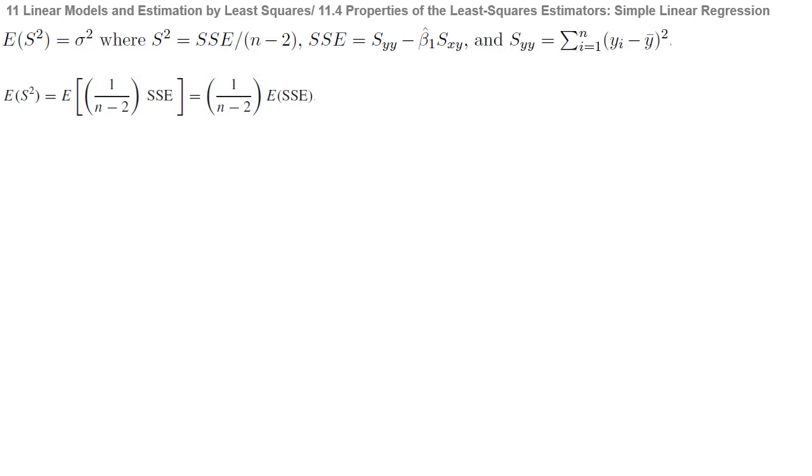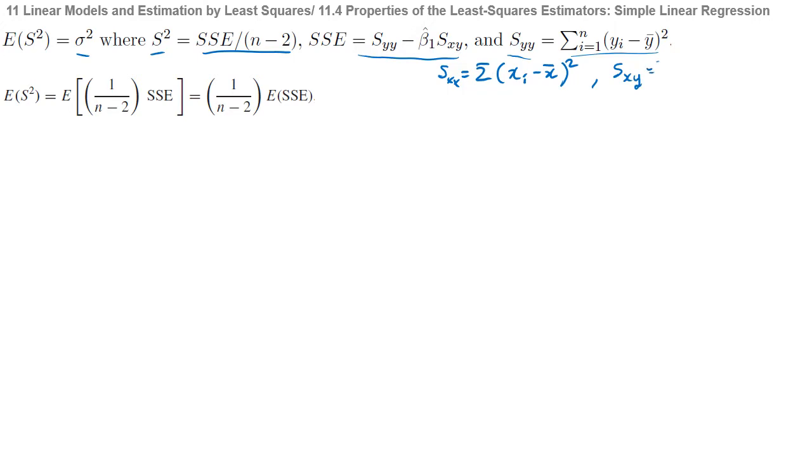Let's prove that the expected value of s squared is equal to sigma squared, where s squared is this thing and SSE can also be written as this thing, where SYY is defined this way. Similarly, from the previous calculation, SXX is this definition that I use in the proof for simplicity.